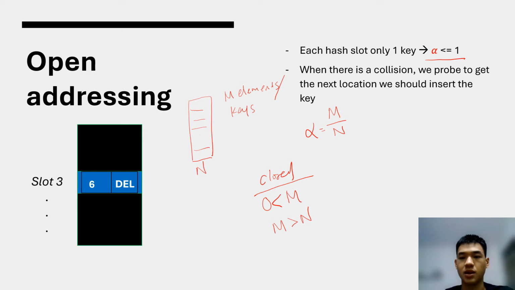And I hope you get the idea here, where there is no restriction on the value of m, because alpha can take on any value for close addressing.